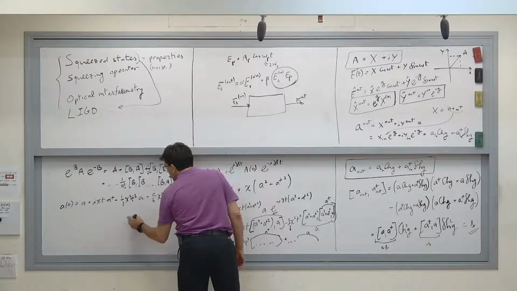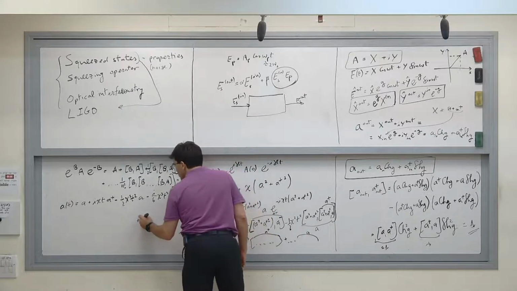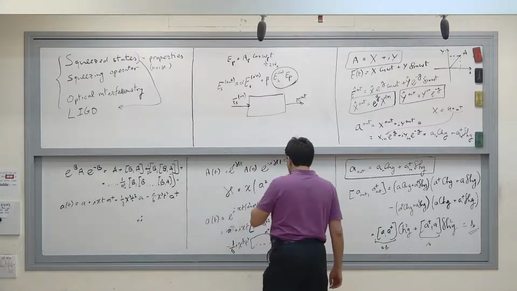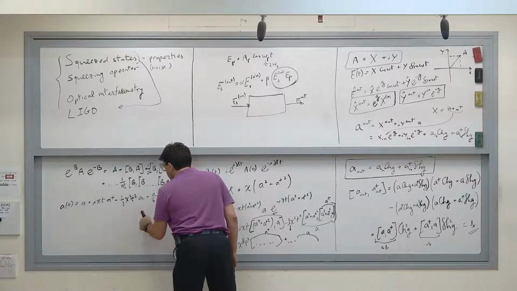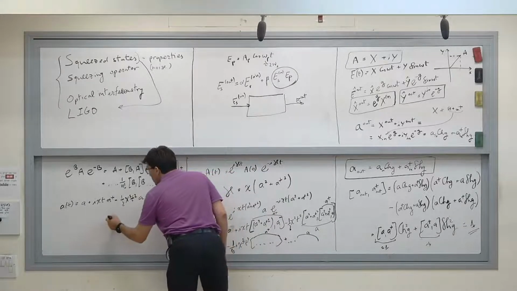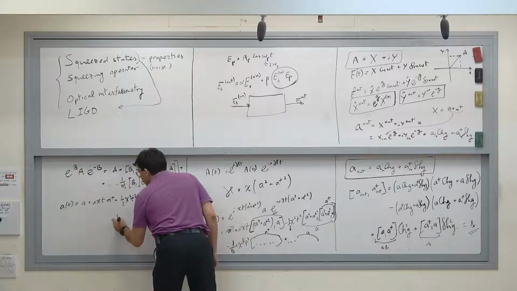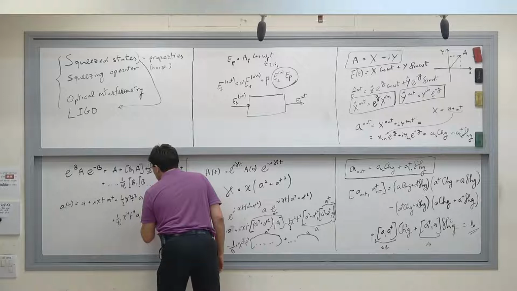And then we will have plus, let's write it like that, plus 1 divided by 4 factorial, chi to the 4, t to the 4 times A, and so on.